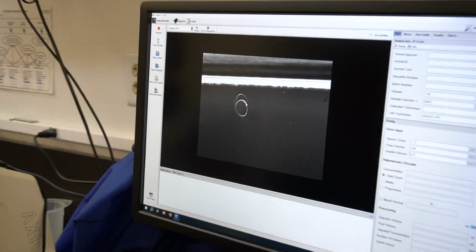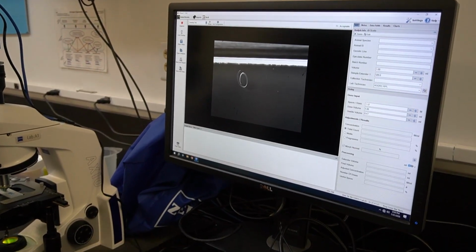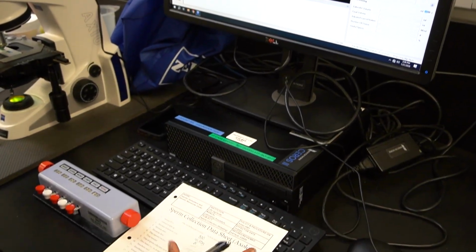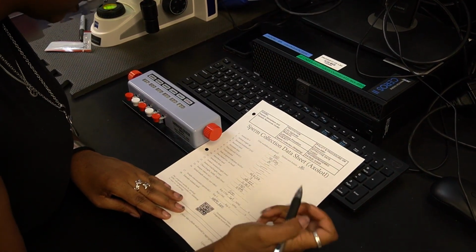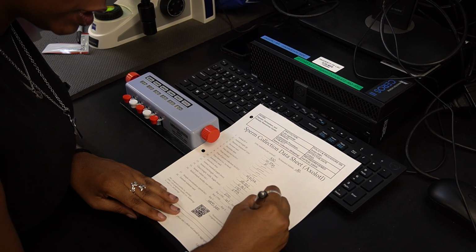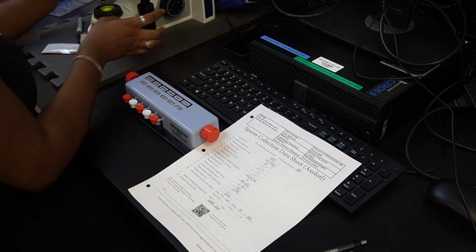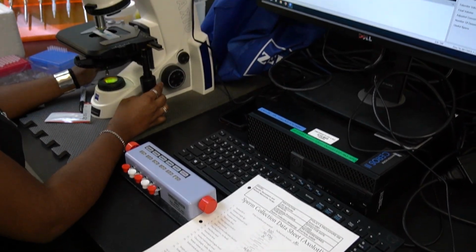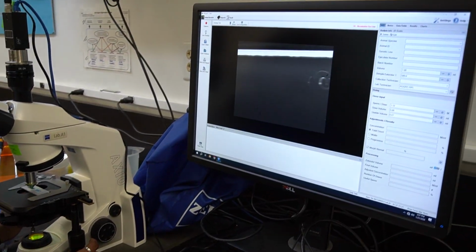So here from this side, we have a moving count of about 61, the slower moving 9, and then our stationary 30. From here, we're gonna go and do the concentration.